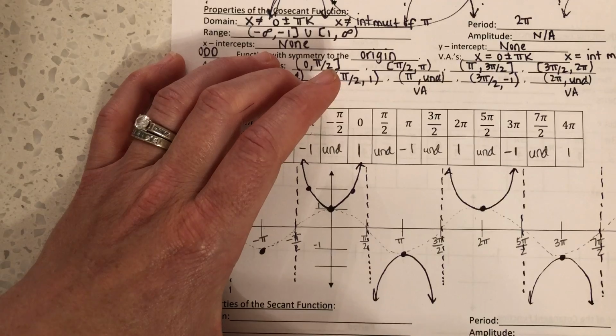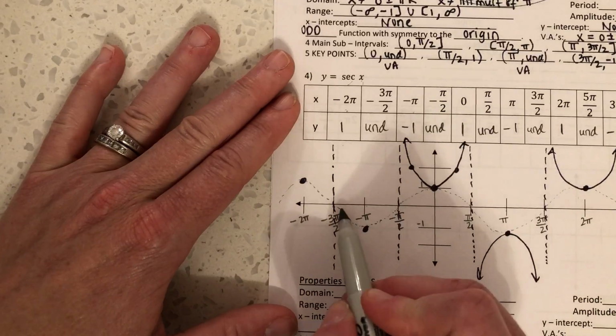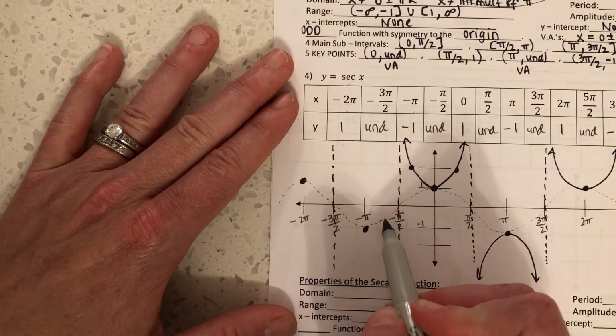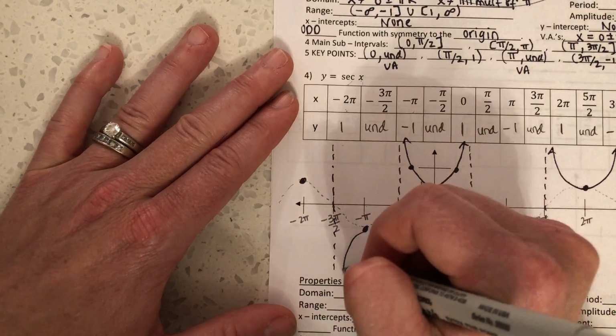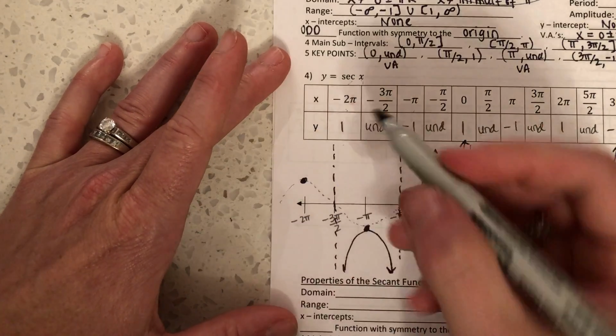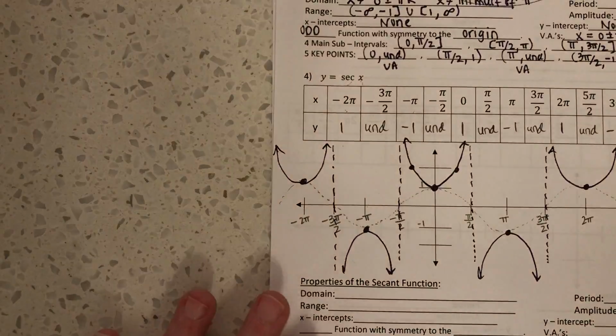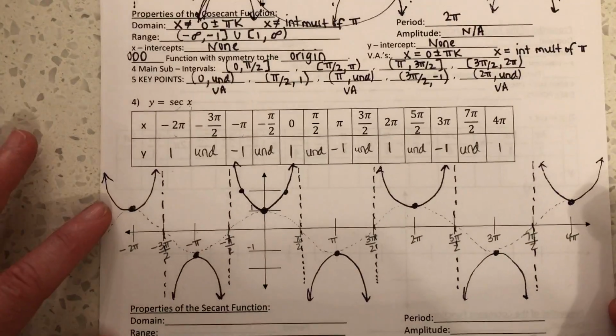And then all of these are going to flip up. And that's your pattern. And same thing, all of these y values, when you take the reciprocal of them, are going to flip over and go down. All of these y values, when you reciprocate them, are going to flip up. All right, so that is what the secant function graph looks like.